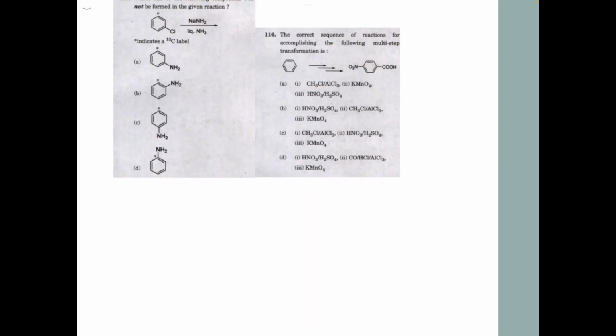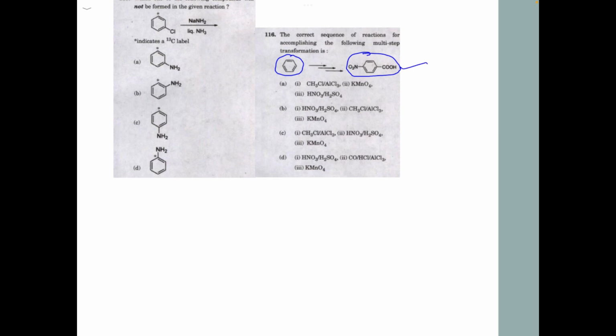We have to synthesize this 4-nitrobenzoic acid from benzene. They have given 4 synthetic methods as options A, B, C, D. We have to find which is the feasible method to synthesize this corresponding acid.